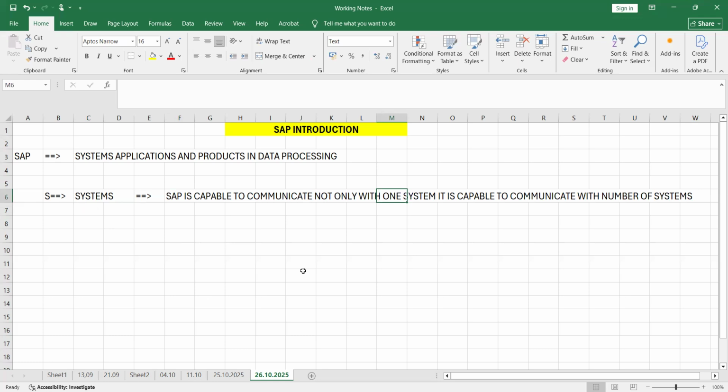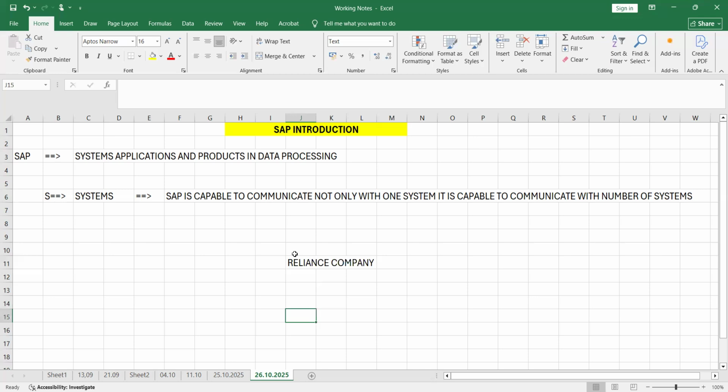So what do you mean by that? If I take one example, mine is a Reliance company. In my Reliance company, I have different departments.